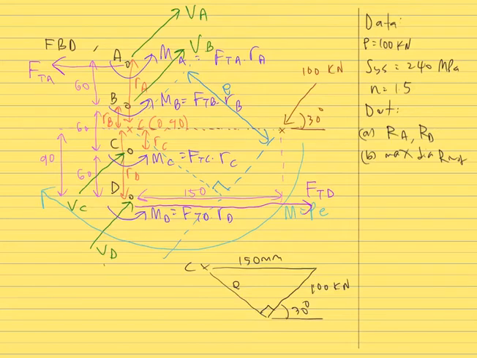From the sine rule, sine 30 degrees is equal to E divided by 150 millimeter. So simplifying, we get the value of E is 75 millimeter.